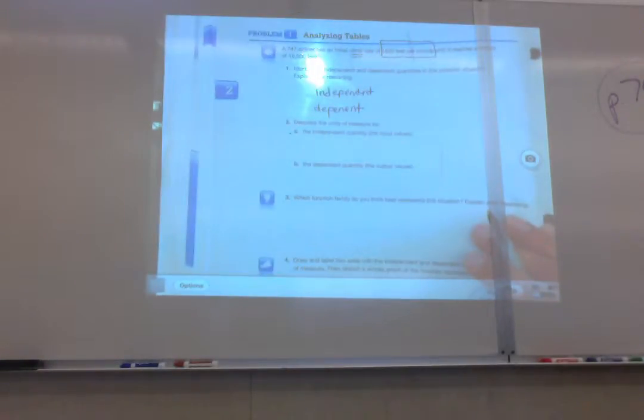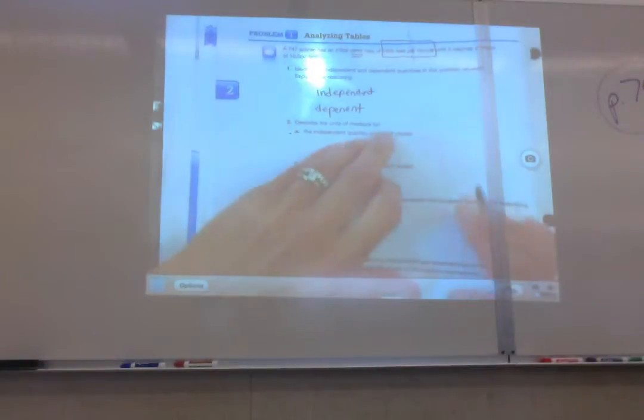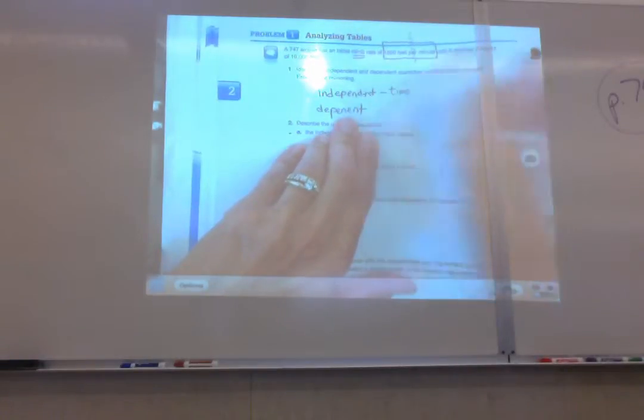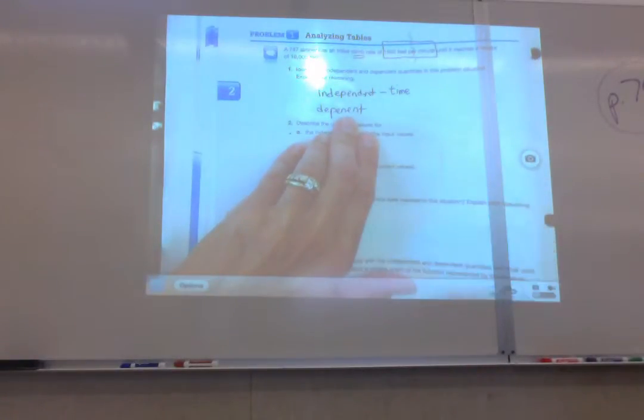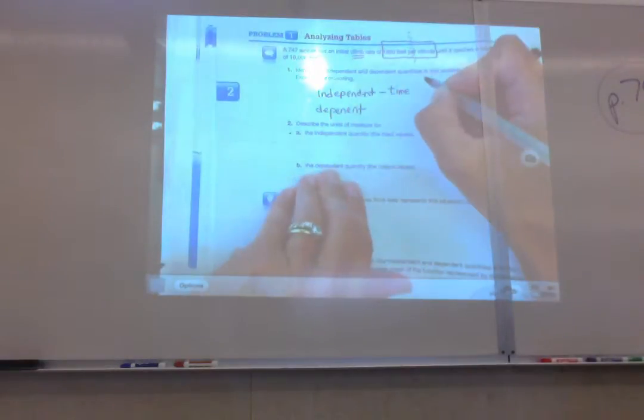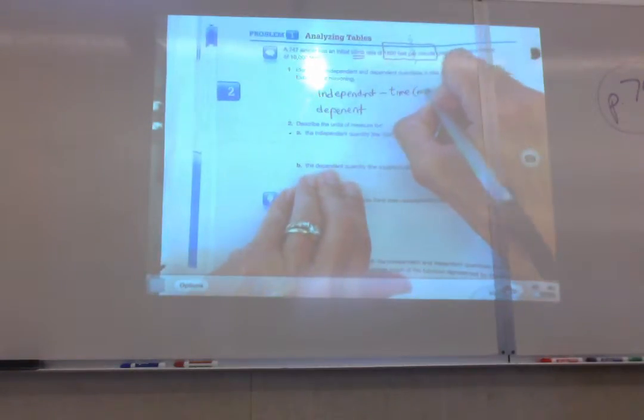Jerry? Is it the time that's independent? Time often is the independent. If you have time, that's a great kind of giveaway. A lot of these problems, a lot of scientific research, a lot of stats, is measuring things that occur over time. So time, what's it getting measured in? Minutes.